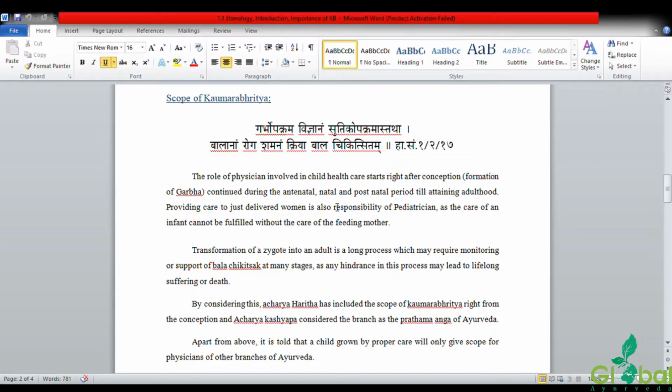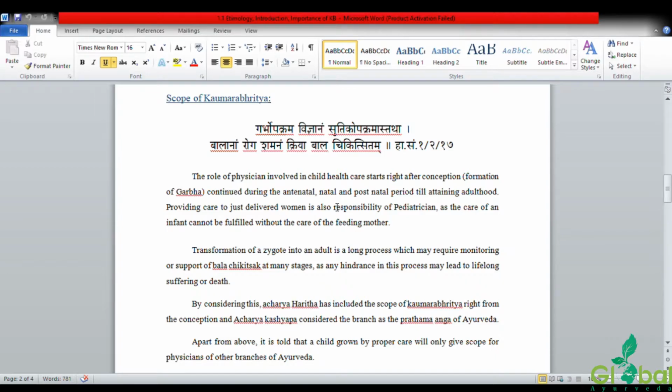Balanam Rogashamanam: whatever diseases occur in the stage of Bala, their curing, Shamana Kriya. Kriya Bala Chikitsitam: what are all the diseases occurring in case of Bala, and also the Chikitsa. All these things are dealt with in Kaumarbhritya.